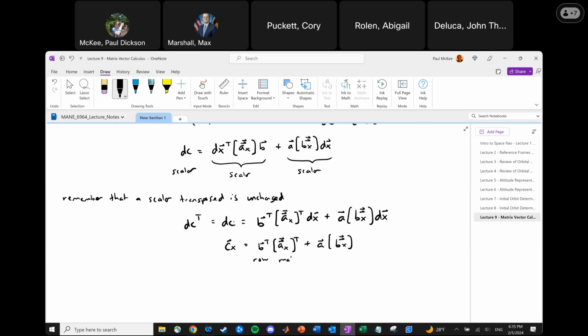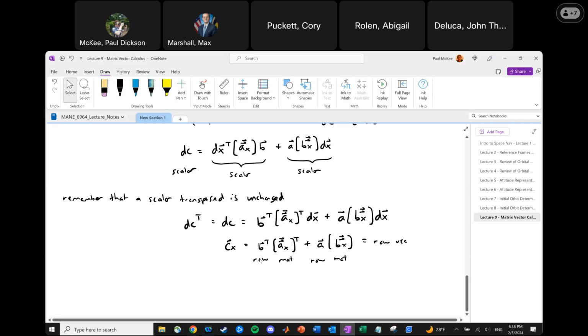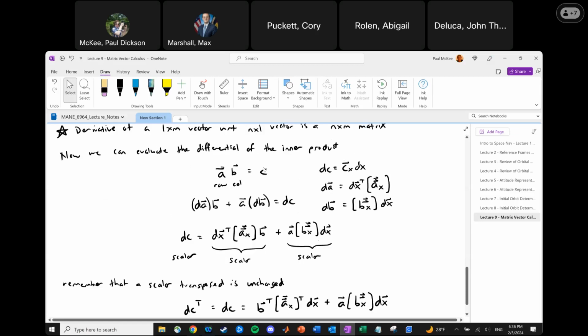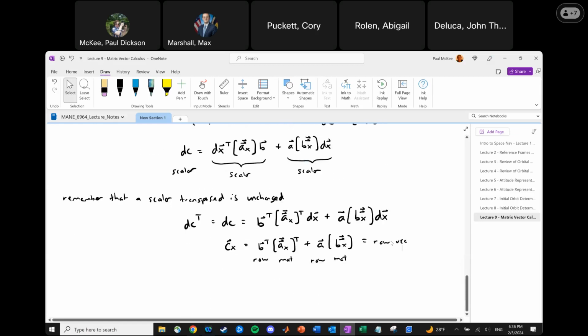This is a matrix. This is another row vector, and this is a matrix. Well, that's going to land us as a row vector. Okay. So what that means is C, which this should make some sense, right? C is a scalar, and if we're taking the differential, that's going to get us a row vector.